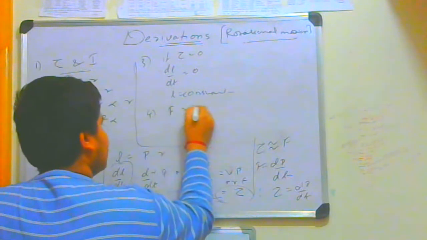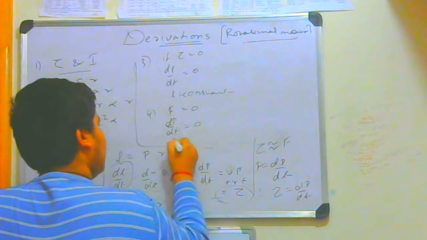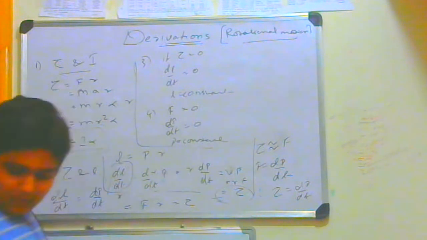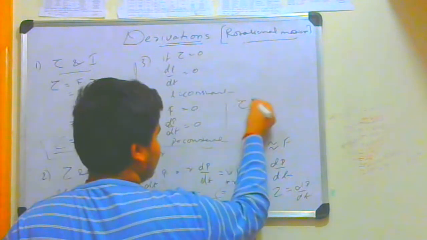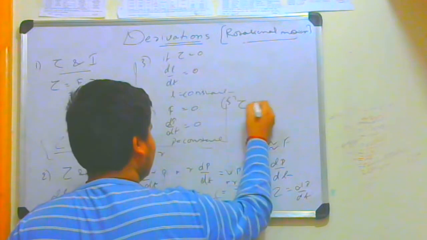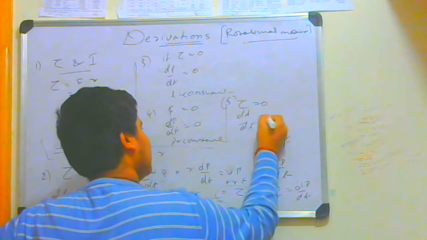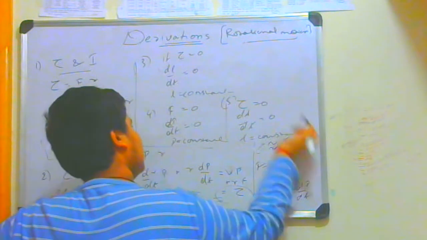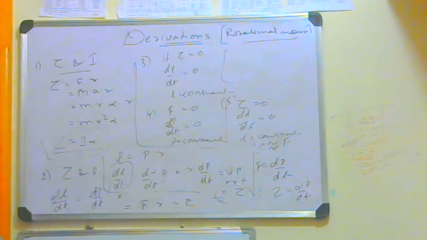That is, force is equal to 0, dp by dt is equal to 0, p is constant, then it is translational equilibrium. For rotational equilibrium, this is the fifth derivation, tau equals 0, so dL by dt equals 0 or L equals constant.